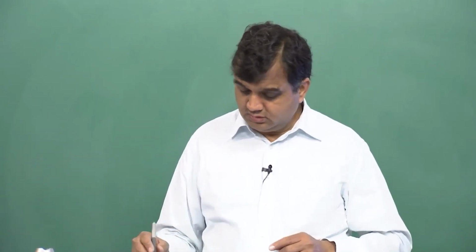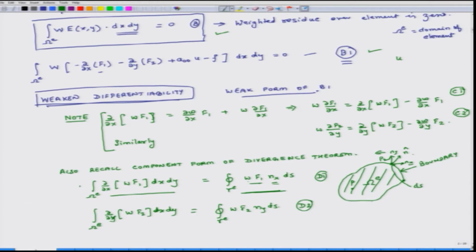So, here also we are calculating the integral in terms of parameters which exist on the boundary. The divergence theorem says that if I have a surface integral of this form, not of any general form, then I can calculate its value by evaluating w, f1, nx and integrating the product all along the boundary. It is a very important theorem.